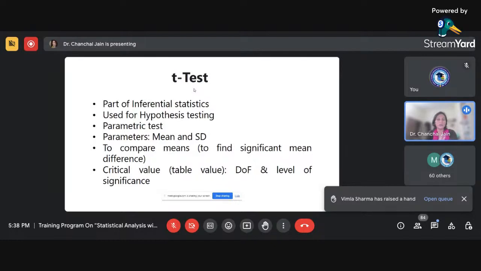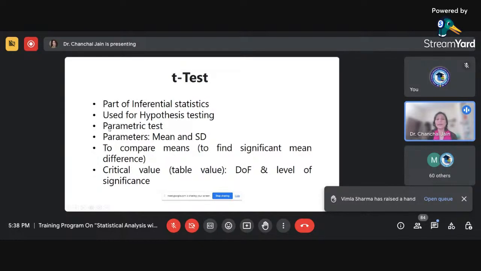Sorry, the table value and critical value are one and the same thing, and we also need to have the calculated value. So using those two figures, that is the table value and the calculated value, we can compare these two figures and we can make a decision whether we are going with the alternate or the null hypothesis or not.